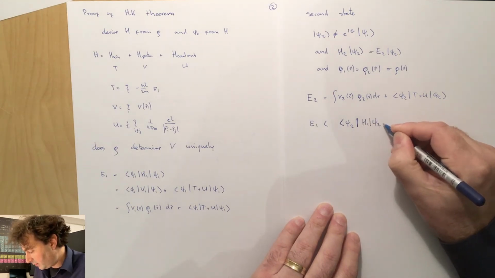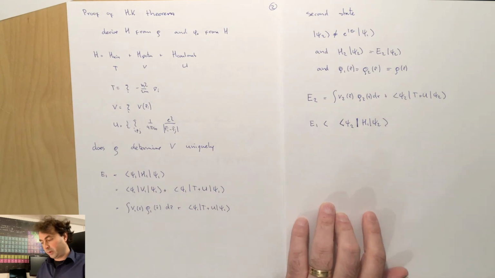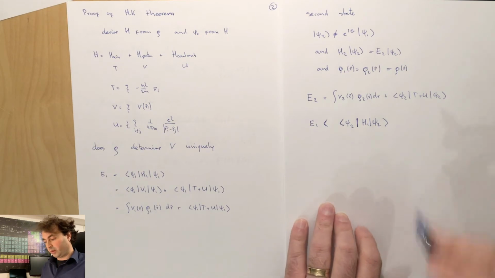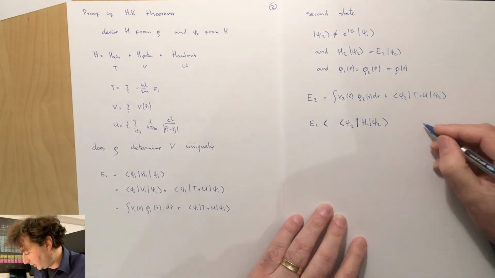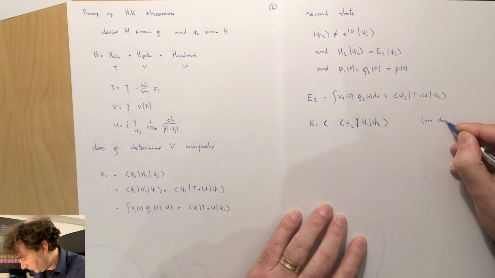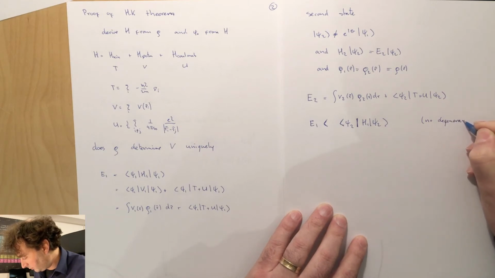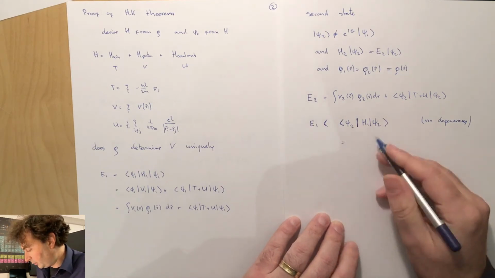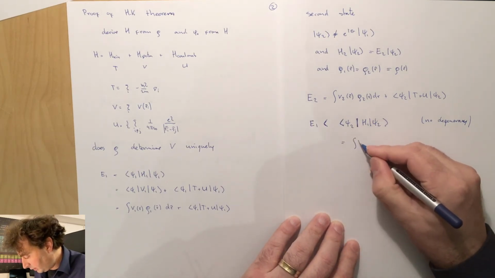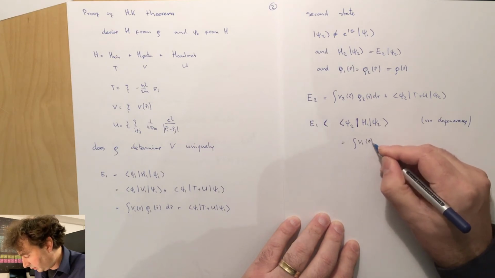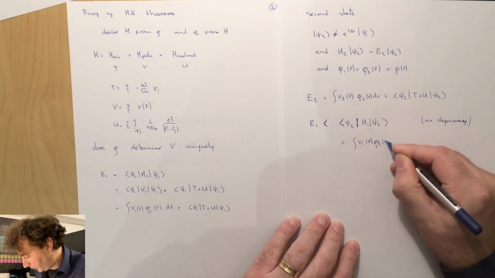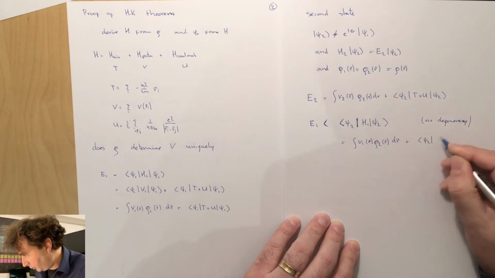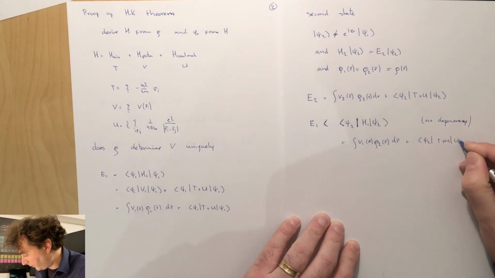And that means that if I take an arbitrary other wave function, then the energy of that wave function is always bigger than the ground state. Well, psi2 H1 psi2 is the integral of V1 of r rho 2 of r dr plus psi2 T plus U psi2.